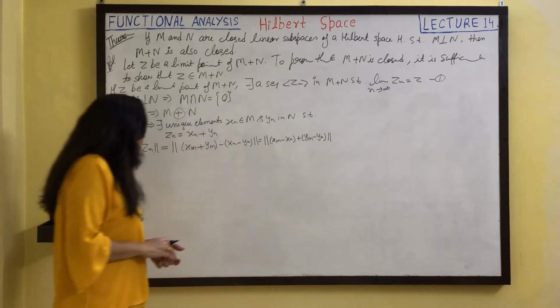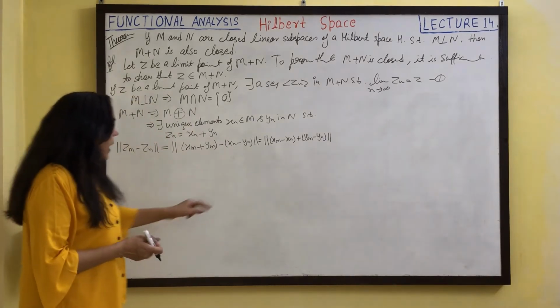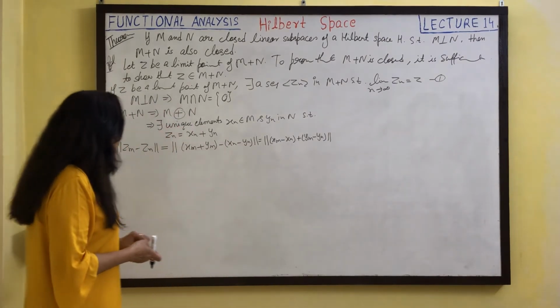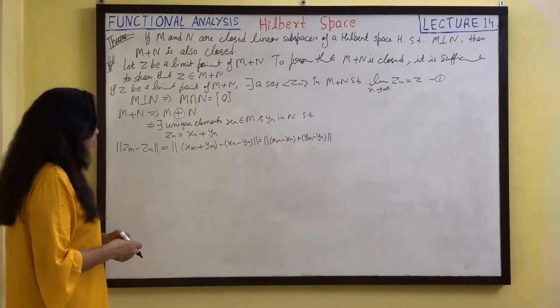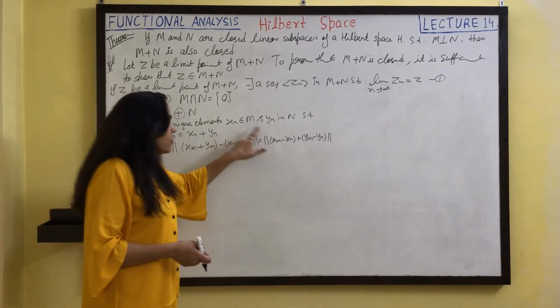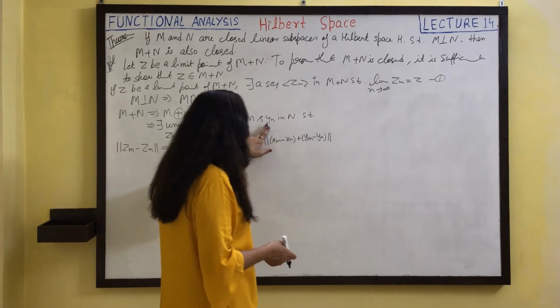Okay, now xm and xn are the elements of M, and ym and yn are the elements of N.